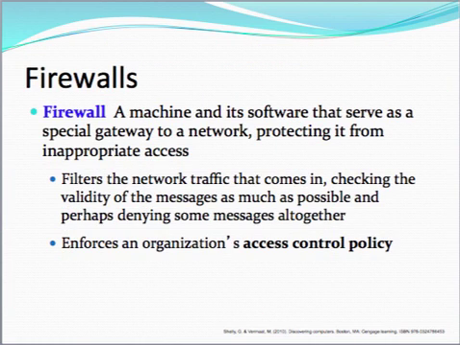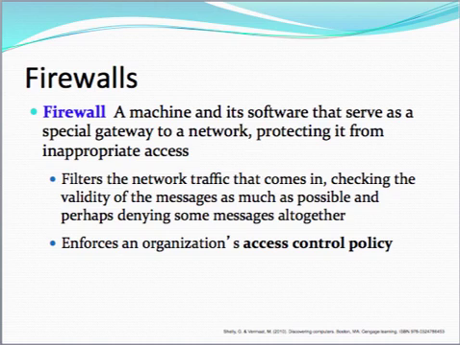And now, firewall. A firewall is a machine and its software that serve as a special gateway to a network, protecting it from inappropriate access. Security is very important. It filters the network traffic that comes in, checking the validity of the messages as much as possible, and perhaps denying some messages altogether.